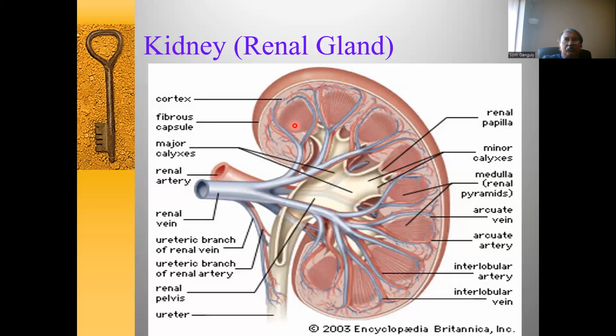Then we come to these dark brown structures, which are like upside down pyramids. They are called renal medulla, the functional unit.